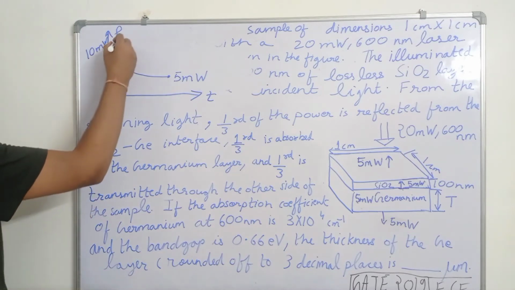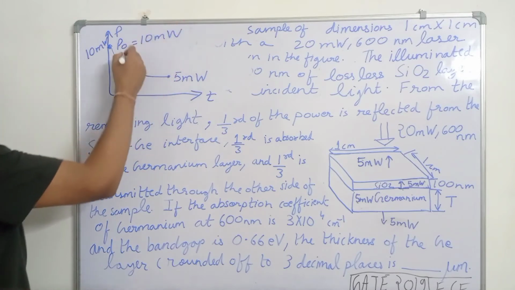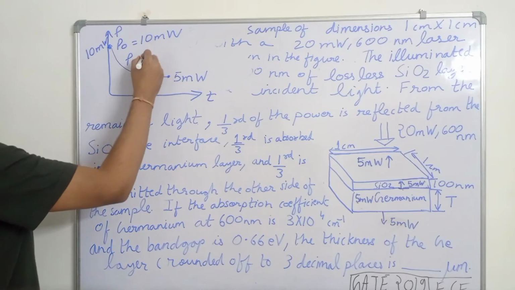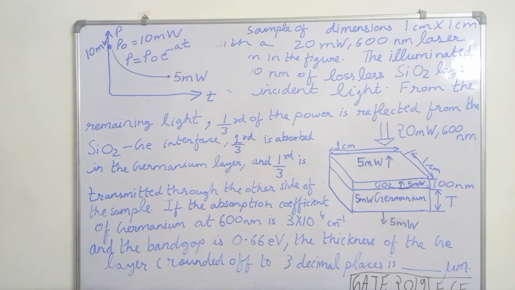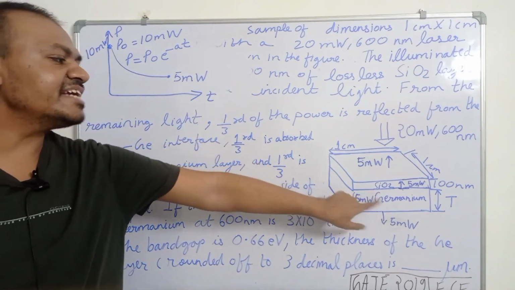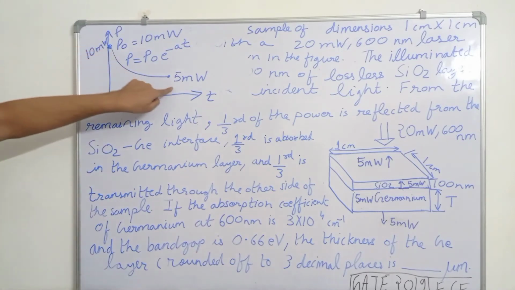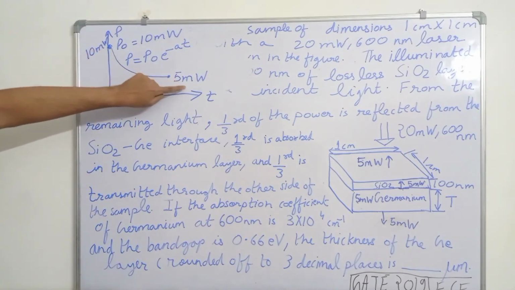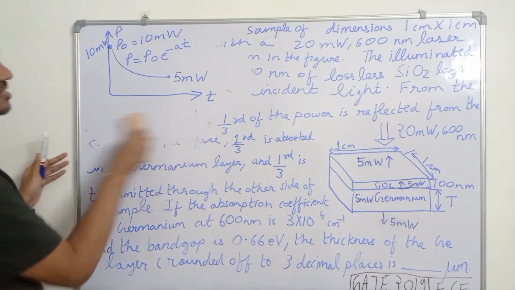So this is P naught equal to 10 milliwatt, and this curve is given by the equation P equal to P naught e to the power minus alpha t, because 10 milliwatt was incident at the germanium layer. Then this 10 milliwatt declined to 5 milliwatt, which was transmitted through the other side of the sample.